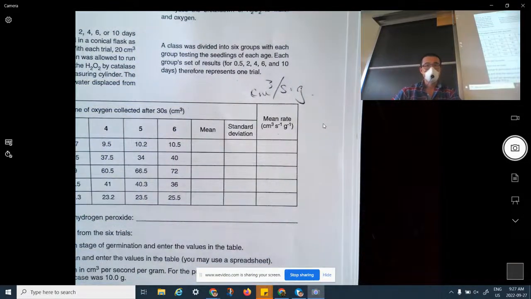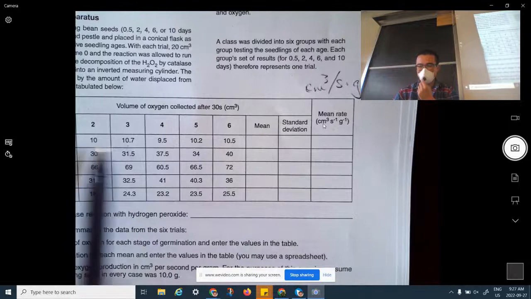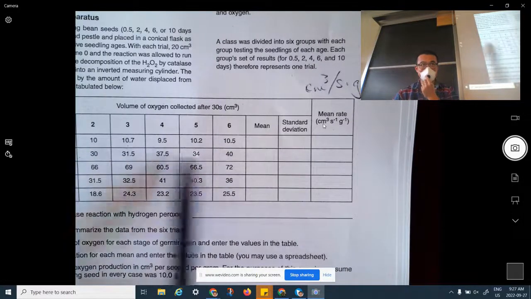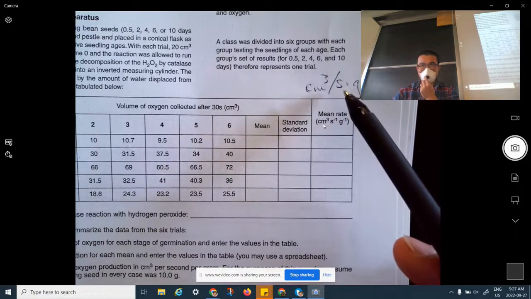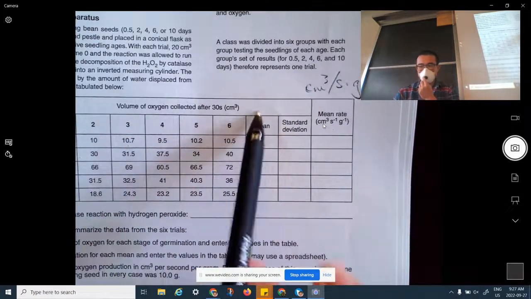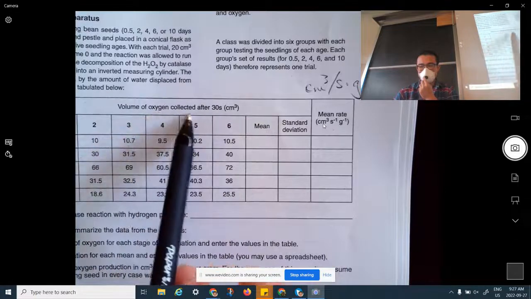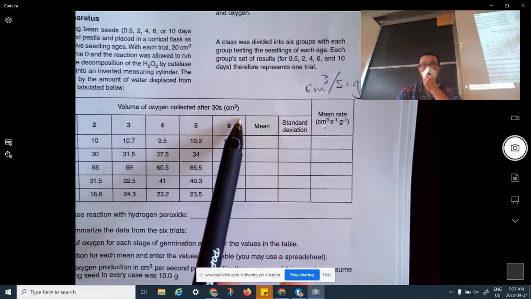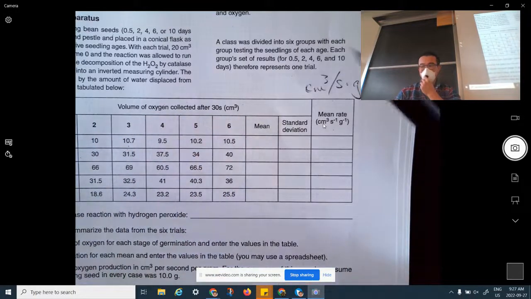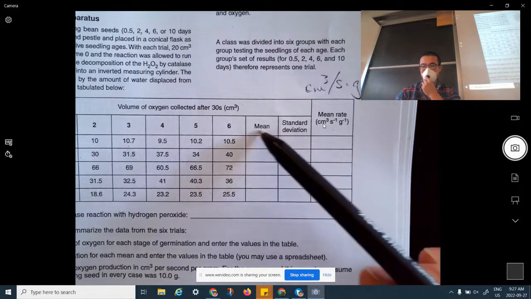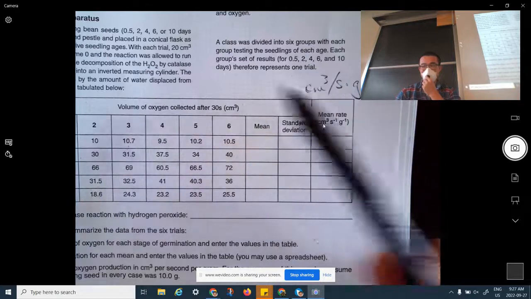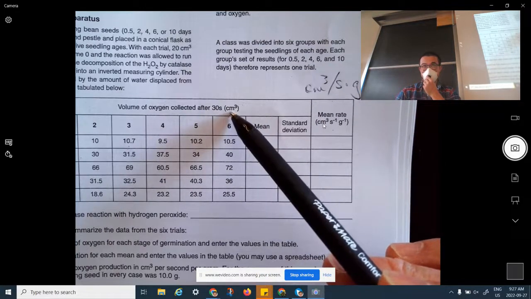Now, centimeter cube makes sense. That's pretty much the volume of gas that it collected. Over second, if you look at this column, they're saying volume of oxygen collected after 30 seconds. So what you would do here for this mean rate is divide the average by 30 seconds.